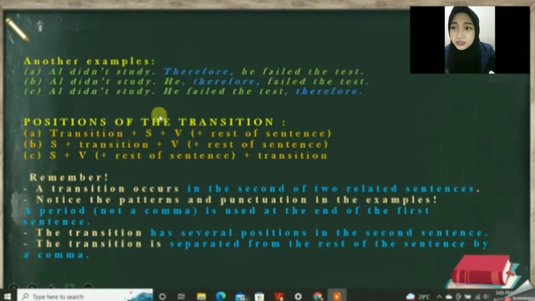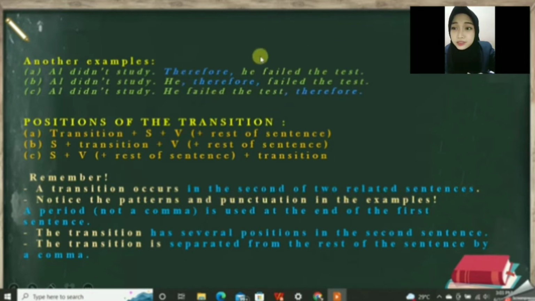And then in the last one, the structure is the subject, and then the verb failed, and then the rest of the sentence, and finally the transition. And as you can see, the transitions, all of these, occur in the second of two related sentences.